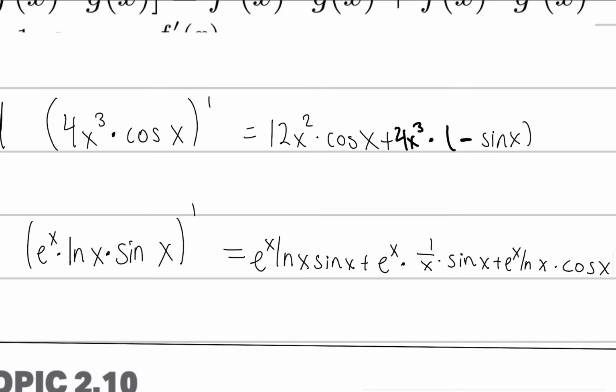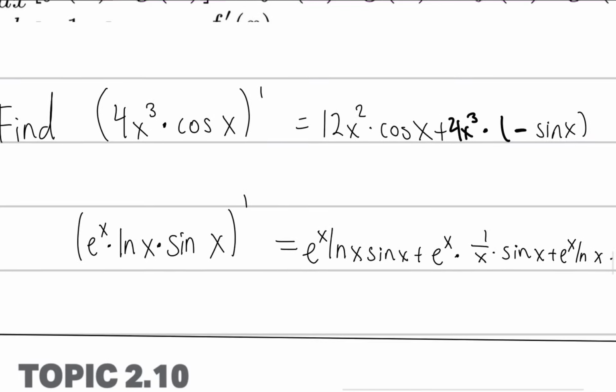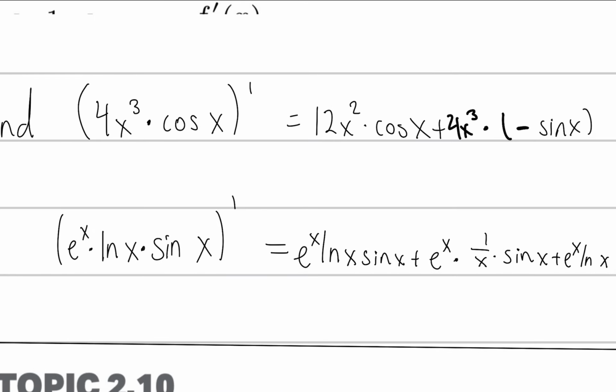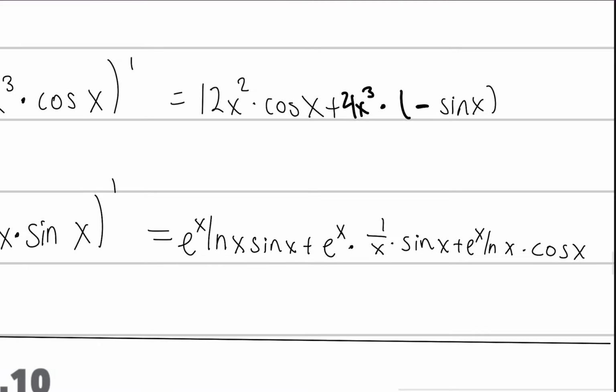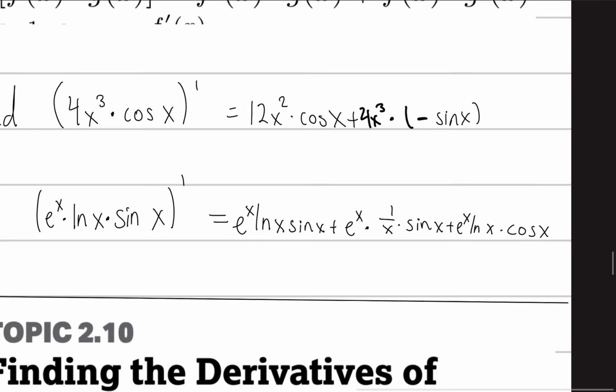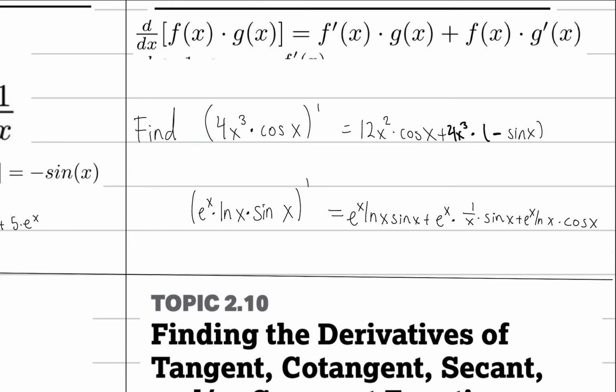So e to the x, right? The derivative of e to the x is e to the x times all the rest, plus e to the x times the derivative of the natural log, which is the middle term, which is 1 over x, and finally times the other one, and finally we're going to multiply everything else, right? e to the x natural log of x times the derivative of sine, which is cosine. So remember how it progresses, and you should be able to differentiate now more complicated functions.